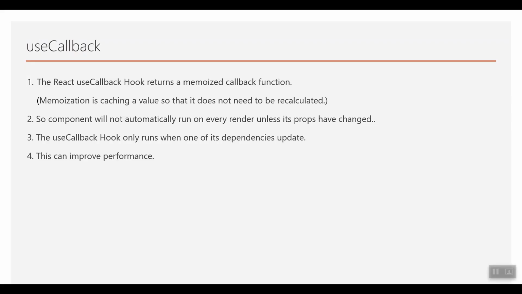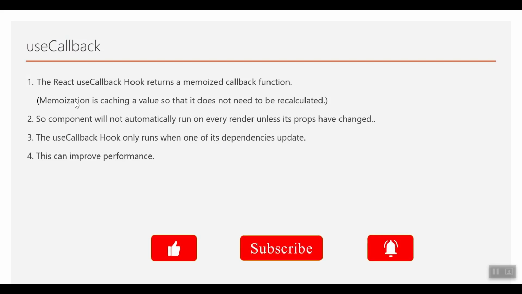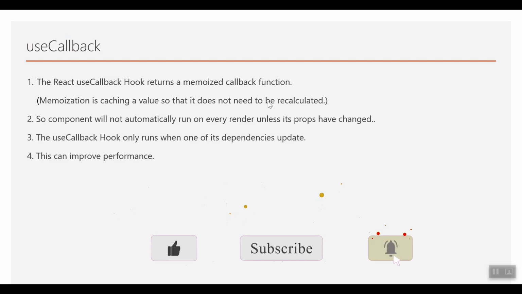So what does useCallback do? The React useCallback hook returns a memoized callback function. Memoization, you can think of it as caching a value so that it doesn't need to be recalculated. So it will not recalculate that function.